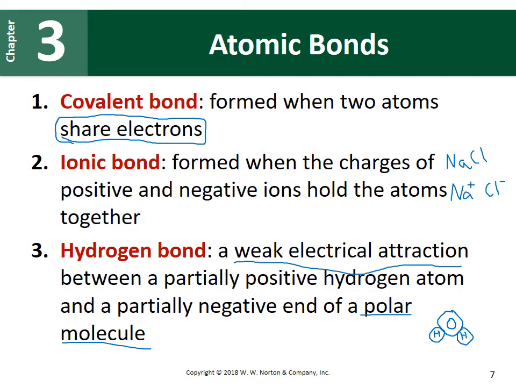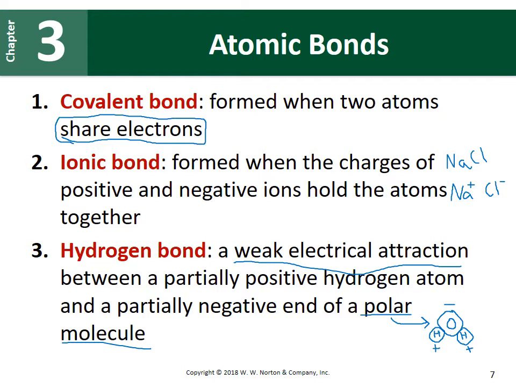In a water molecule, the oxygen side of water is partially negative. The other side of water has a partial positive charge to it. This is that polarity or polar molecule.